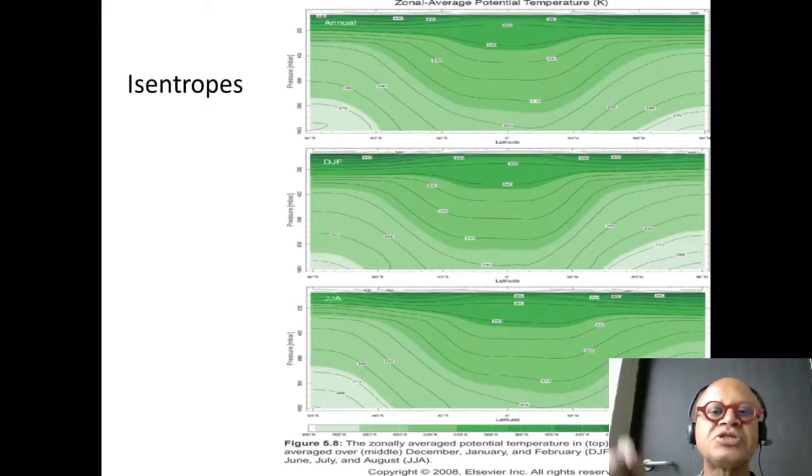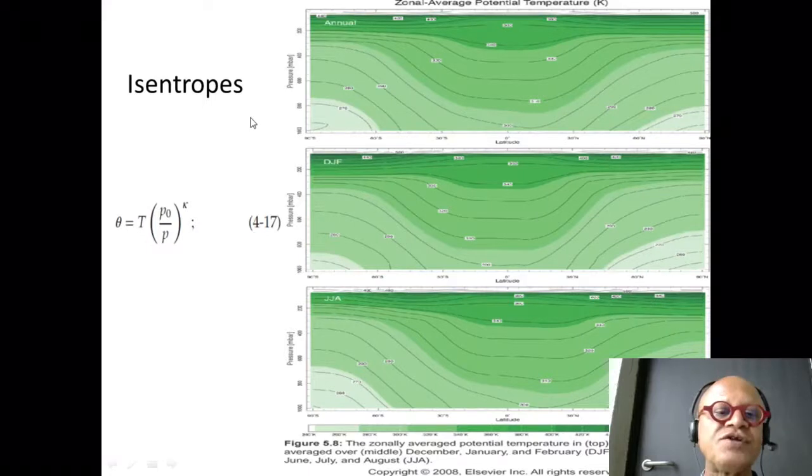And potential temperature gives us an isentropic coordinate as well, because along these surfaces the entropy is conserved. So you can also estimate the thicknesses of layers in this kind of stratified fluid. So that's our definition of potential temperature.